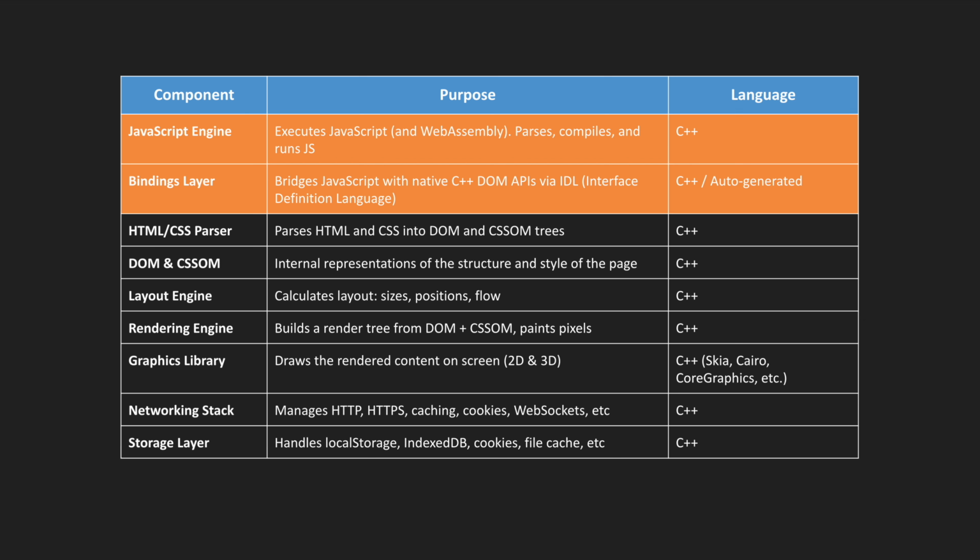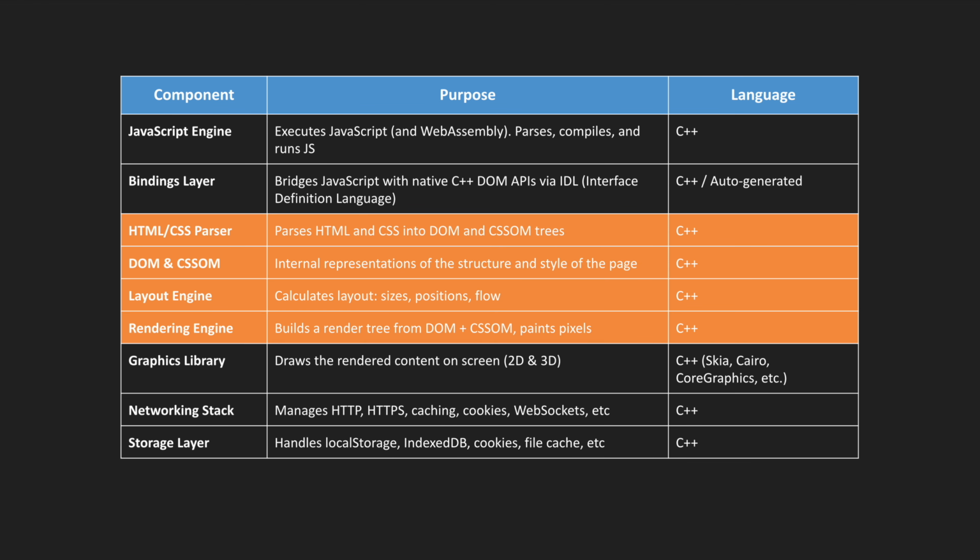The rendering engine is another crucial part of modern browsers, the rendering layer. It parses the HTML, parses the CSS, builds the DOM tree, and also does the layout and the rendering.